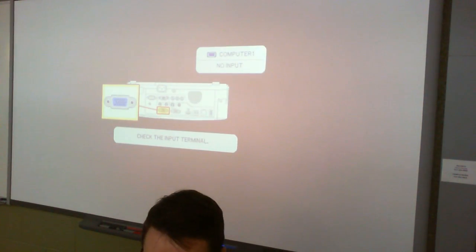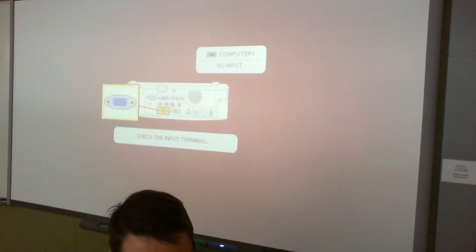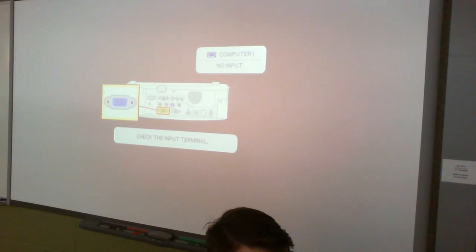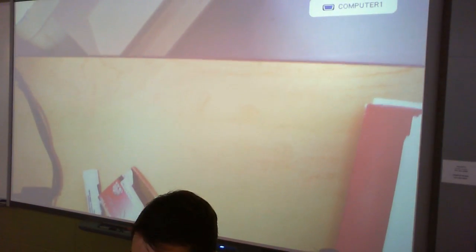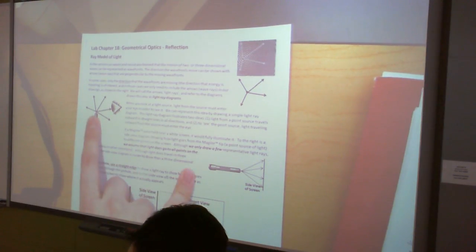So let me switch the document camera here. All of the videos that I'm going to show you today are in the movies on reflection right below this figure. We have these figures showing rays of light coming from a source.